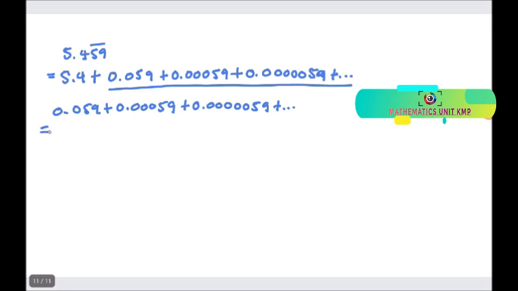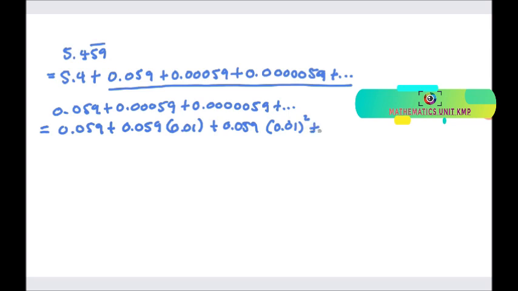So from here, 0.059 plus 0.059 multiplied with 0.01 and plus another one 0.059 multiplied with 0.01 squared and so on.